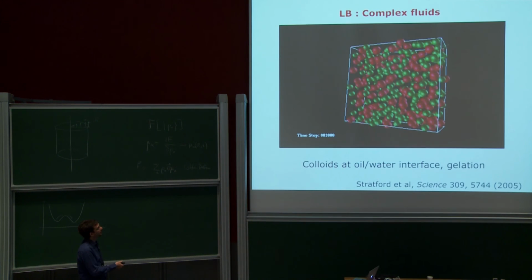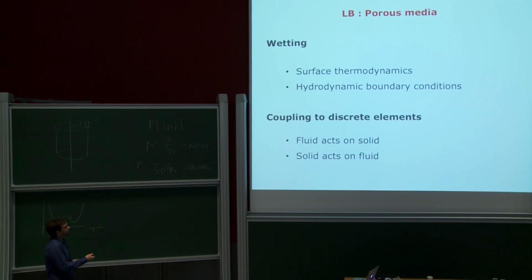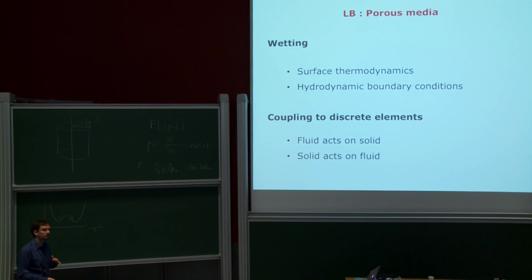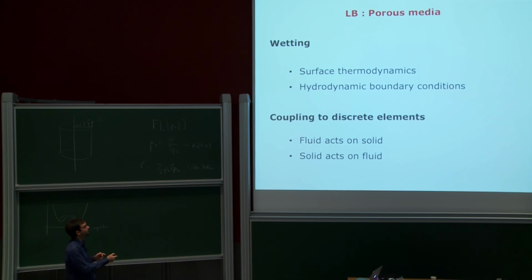You can impose specific rules that also involve the local composition, and you can design these rules in order to impose, for example, a given wetting angle between your solid and your fluids. You can also impose specific hydrodynamic boundary conditions. For example, if you have water and oil on a hydrophobic surface, they might behave differently, not only in terms of wetting, but also in thermodynamics, but also in terms of dynamics, so slip or no slip.